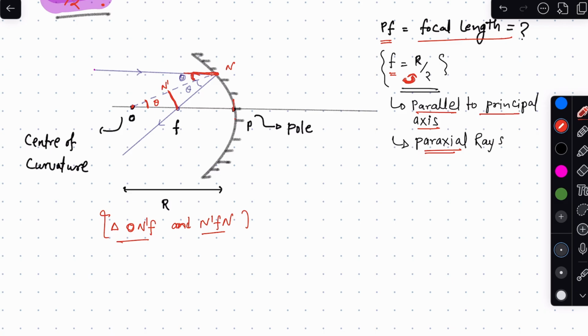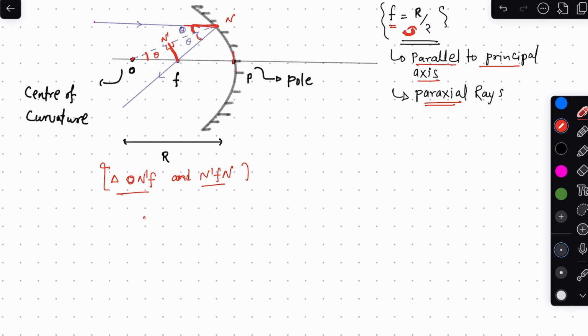So I can say that ON dash is equal to N dash N, because these two triangles became equal triangles.